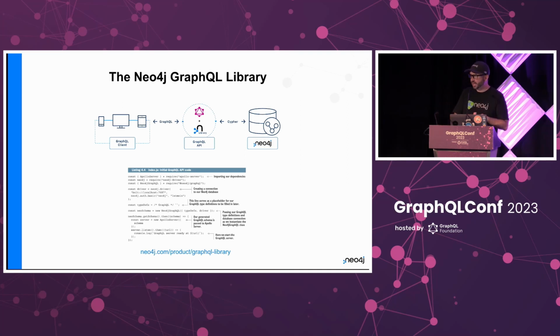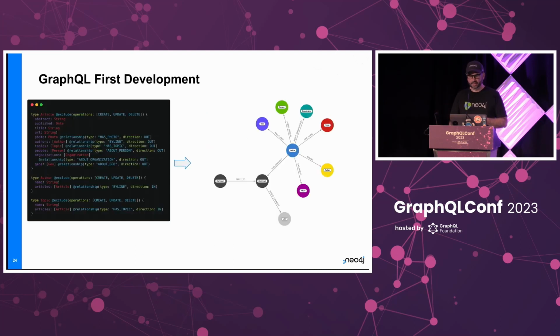It's a JavaScript library that makes it easier to build this API layer that sits between the database and your client application. GraphQL is very much not a database query language. It's important, I think, to realize that and not try to move forward with that approach. It's all about making it easier to build this API layer that sits between the database and your client.